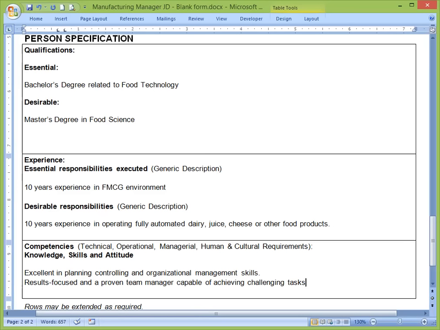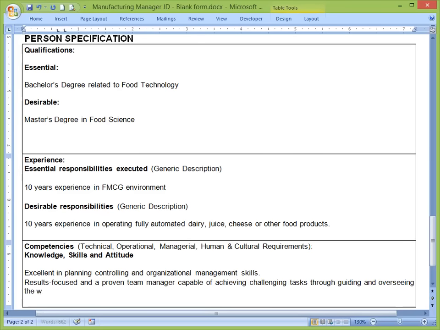Through guiding and overseeing the work of large teams and professional staff.